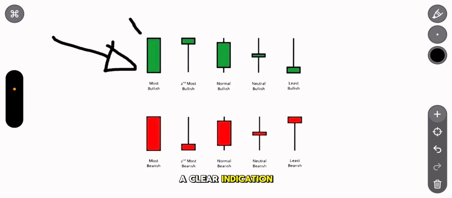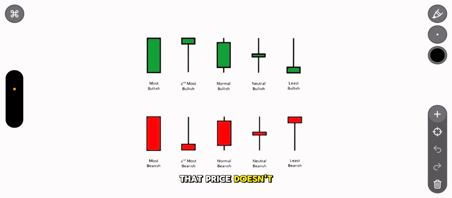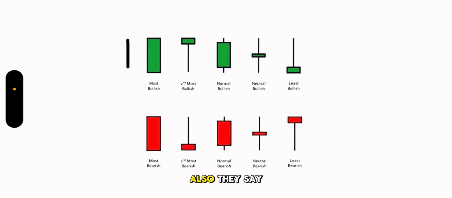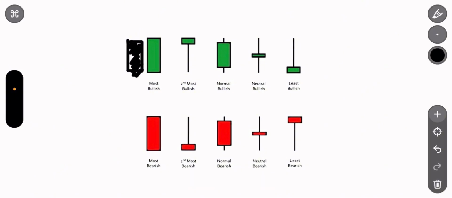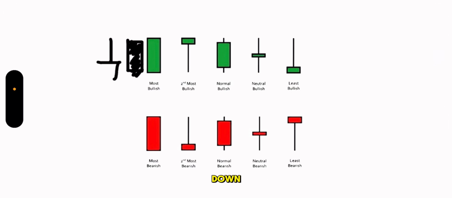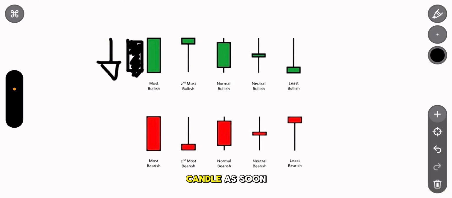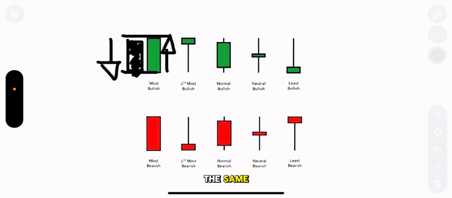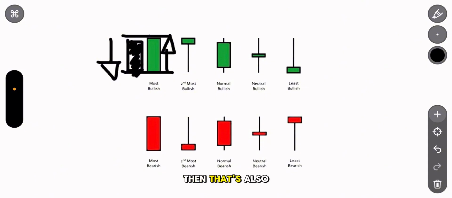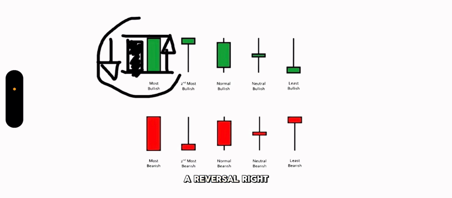That's a clear indication as well that price doesn't want to go down, right? Also, let's say that there's another candle before it and it is bearish. Let's say this candle is going down and then as soon as that candle closes, the next one goes up and they're about the same size, then that's also an indication of a reversal right here.